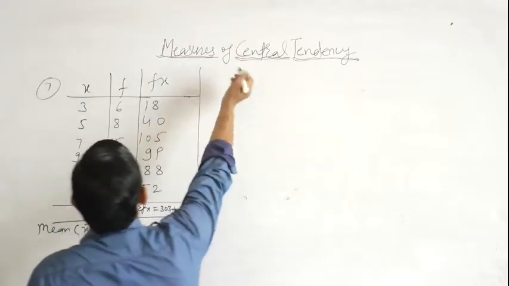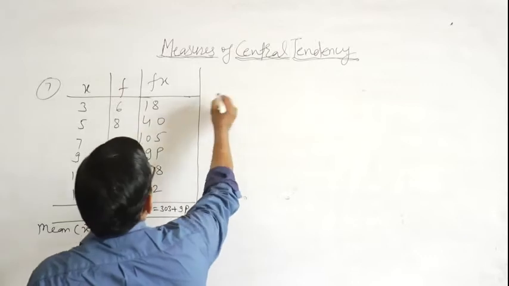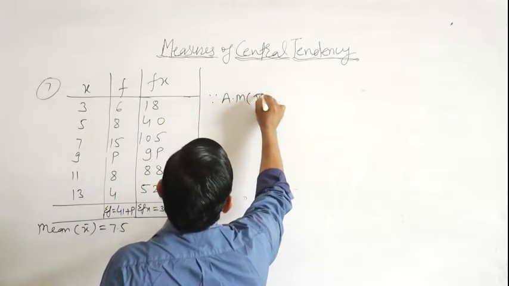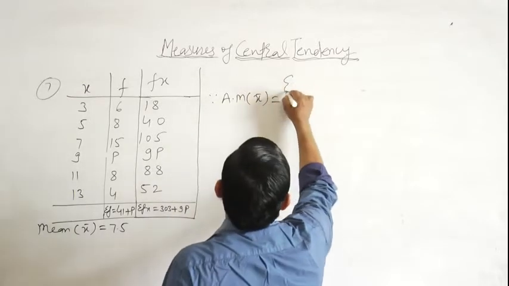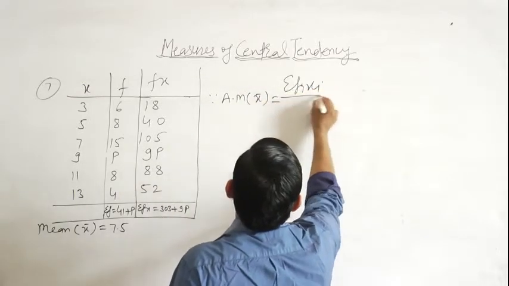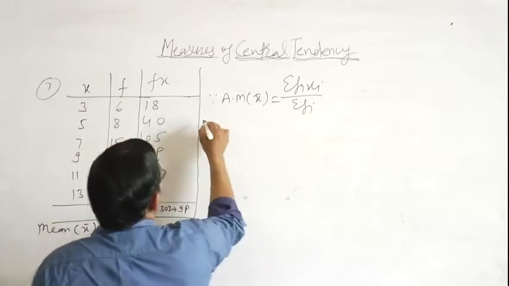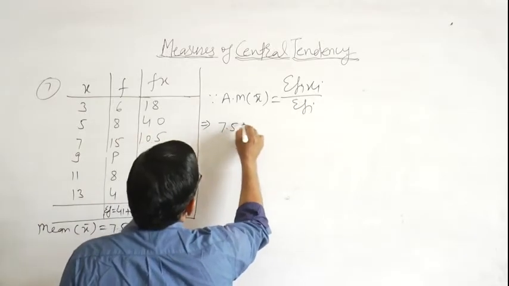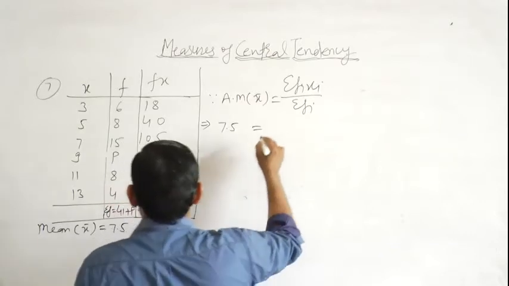Now we use arithmetic mean. We know that arithmetic mean x bar is equal to sigma fi xi upon sigma fi. In this question arithmetic mean given is 7.5.